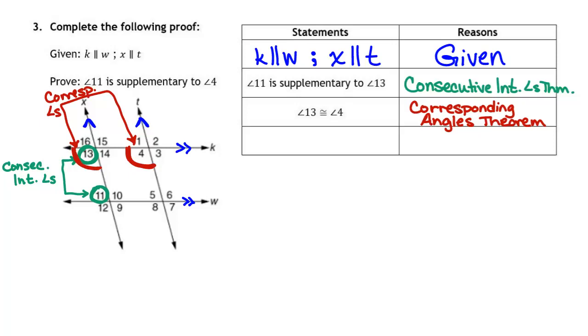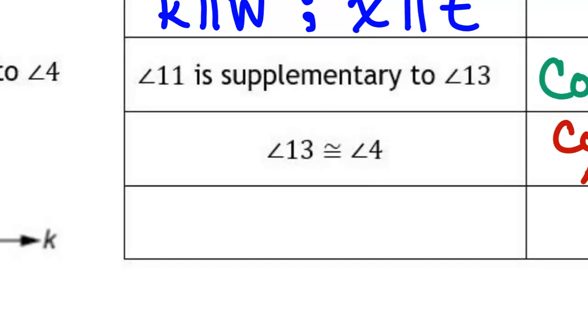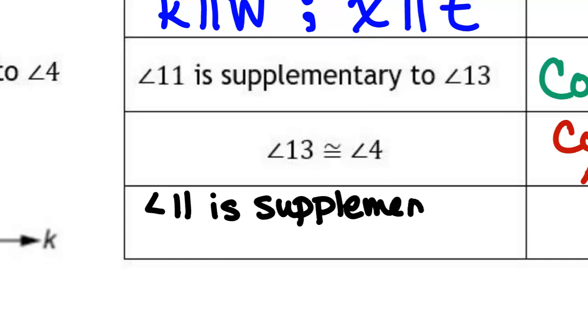What am I supposed to be proving in all of this? 11 is supplementary to 4. Well, here I said that 11 was supplementary to 13, and then right after that I said that 13 and 4 were congruent. So can I say that 11 and 4 are supplementary? Yes, angle 11 is supplementary to angle 4.